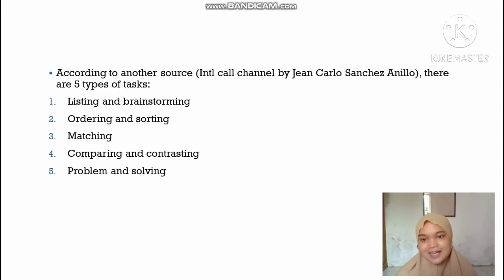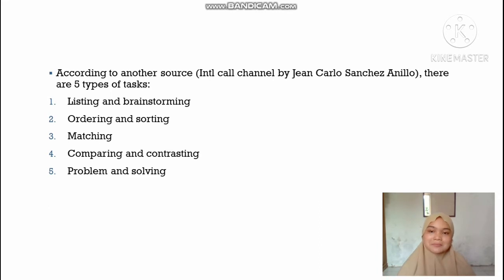And next, comparing and contrasting. This task requires that students try to identify or find similarities and differences between two pictures which look alike.